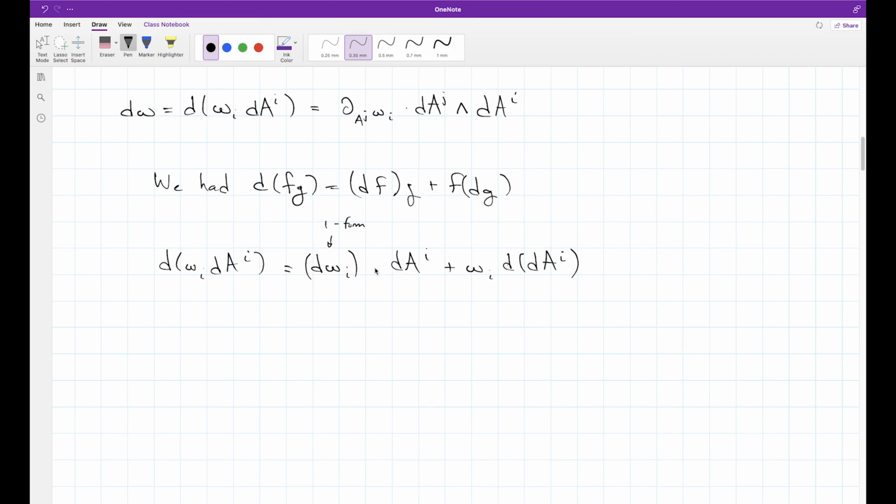And the only way we have to multiply these two one forms is to stick the wedge product between them. All right. On the other hand, we need something that tells us what happens when we act by d on dA_i. And here we're going to introduce a very important rule. The rule is that d squared, in other words, d composed with itself, is always equal to 0. And that's so important, let me actually mark it here in red.